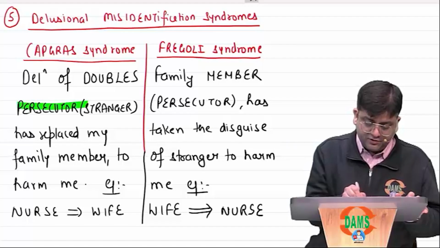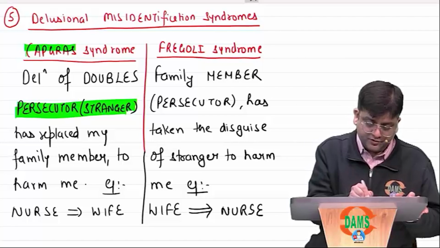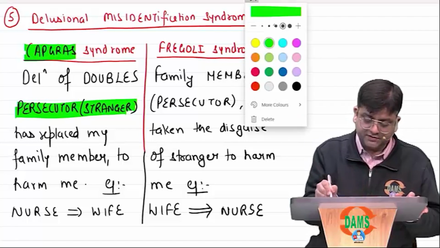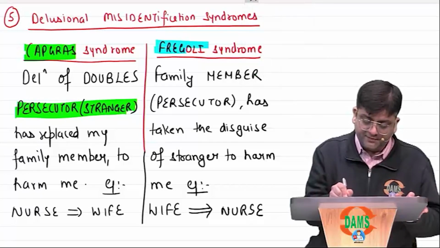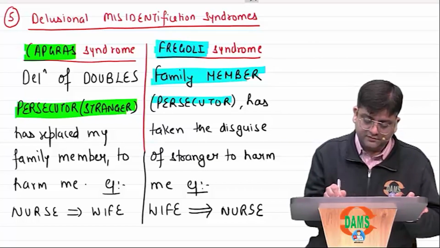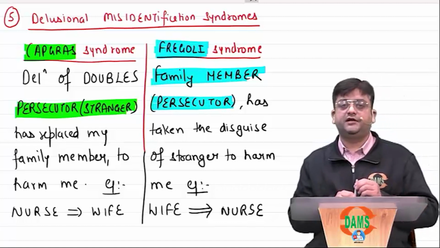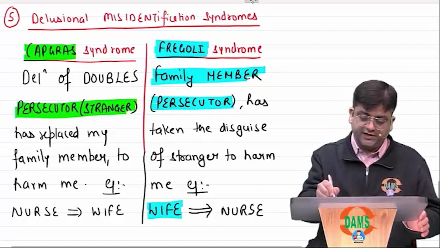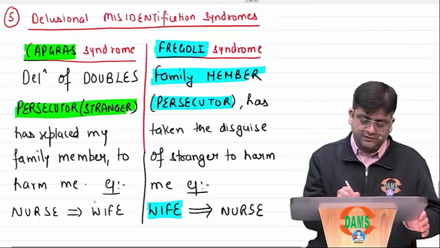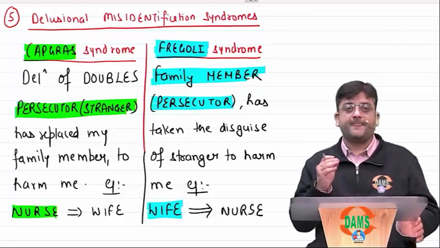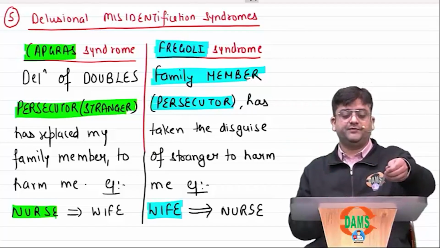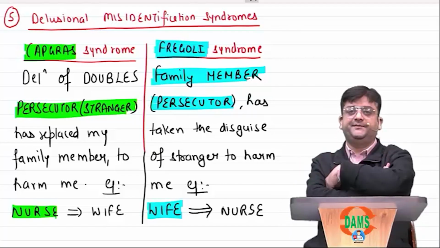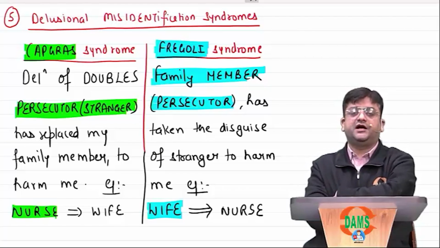If the persecutor is a stranger, some outside person wants to harm you, then it is Capgras. And if your family member wants to give you goli, then it is Fregoli. So, if the persecutor is a stranger, an outside person who wants to harm you, coming in the disguise of a family member, it is Capgras syndrome.